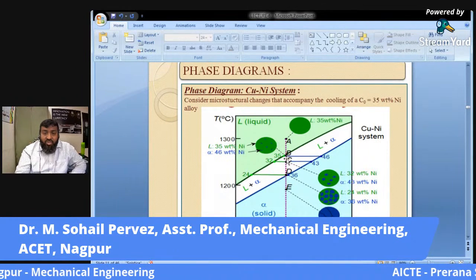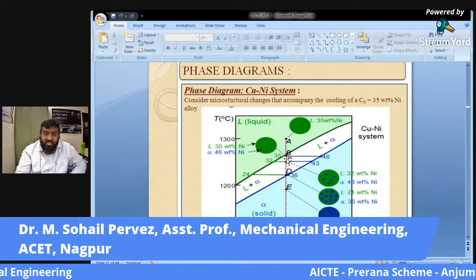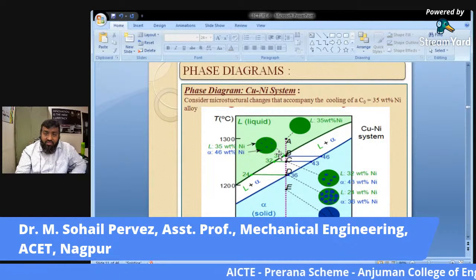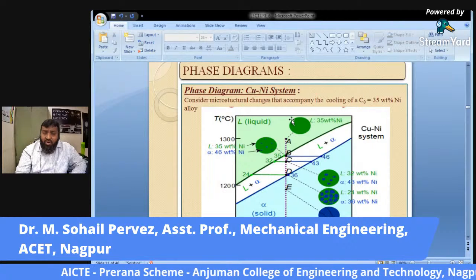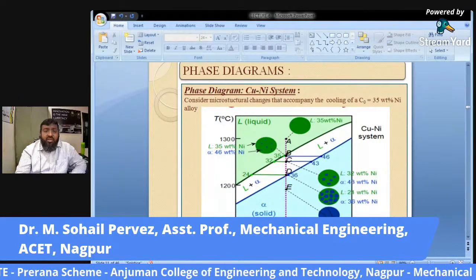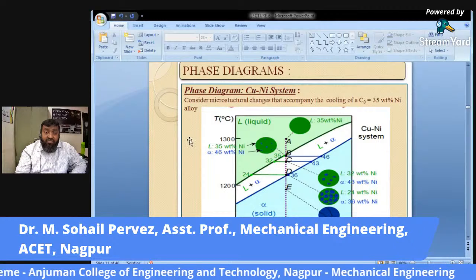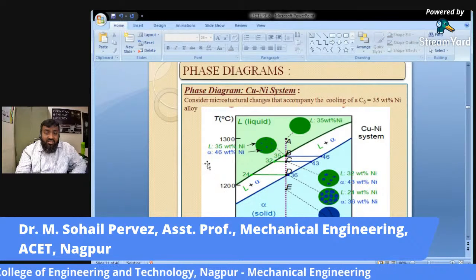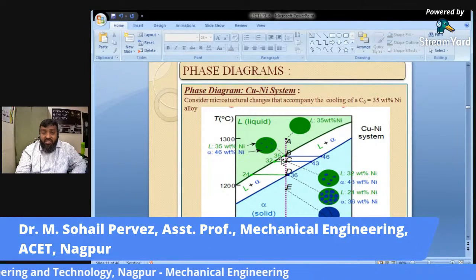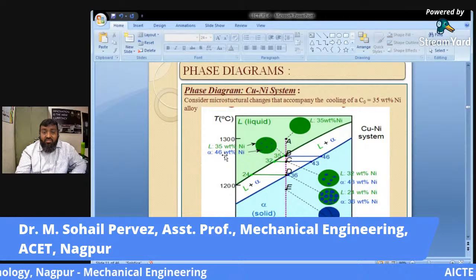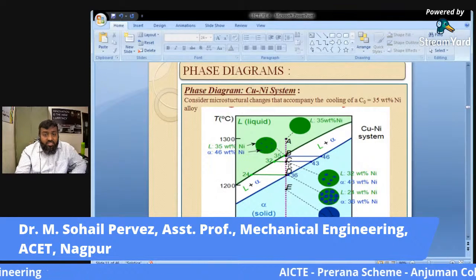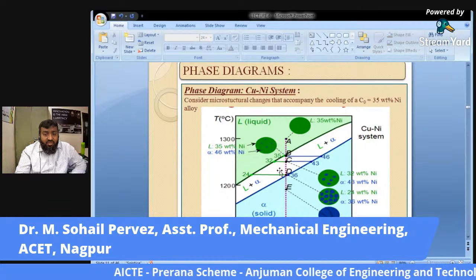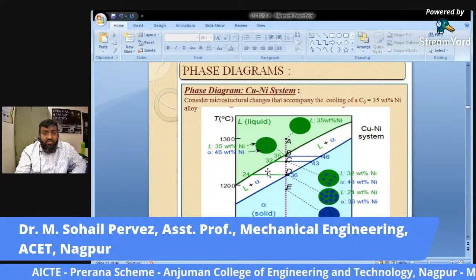Now we come to point B, then in that case it is 35%. Obviously this percent would be same for your Ni. Now alpha will go on changing, say 46% by weight. Next, at point C, now the liquidus phase is, since this is binary, both liquid and solid phases will be there.